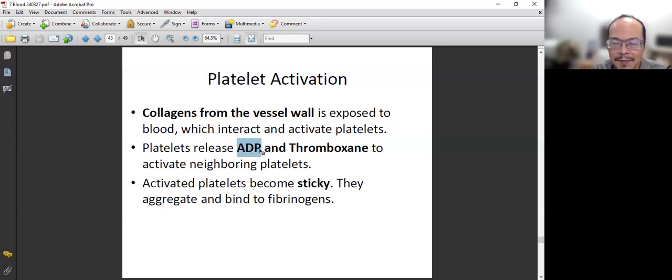This is ADP. And so they will release it. And then it will also release another thing, which is thromboxane. So these two will get released. When they are released, they build up in the environment, and because the vessel is constricted, there's not a very huge blood flow to go through. So it's kind of like an isolated area.